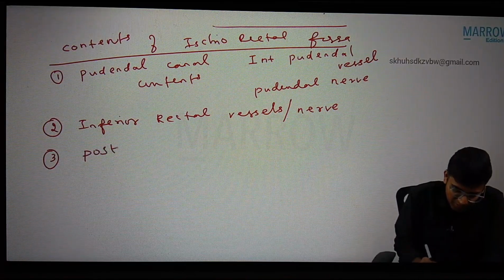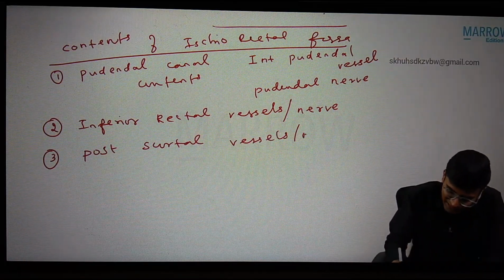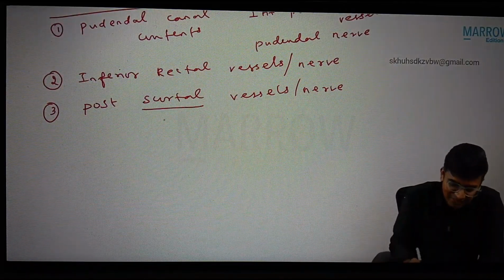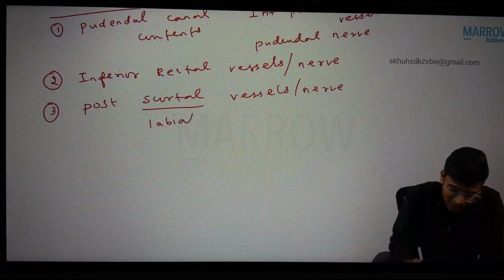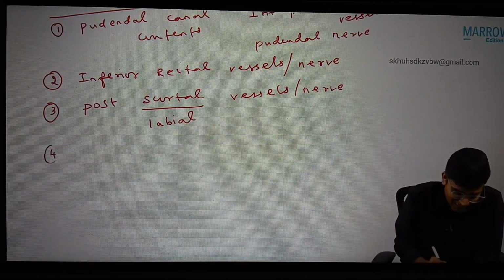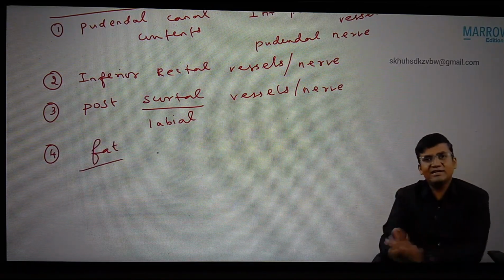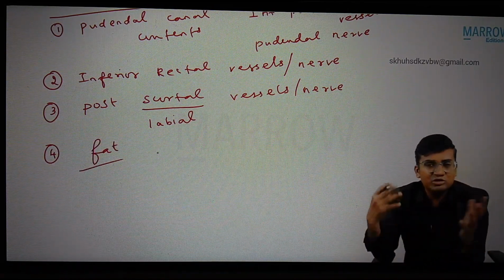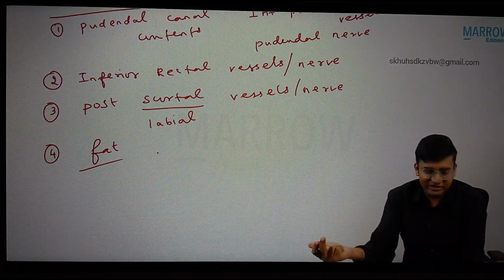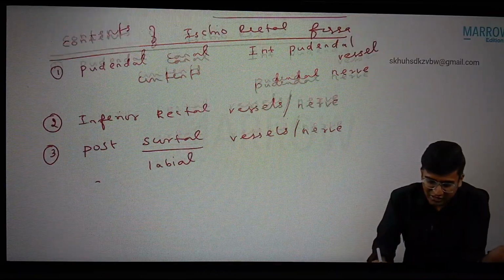Number three, posterior scrotal vessels and nerve. The counterpart in females is the labia majora, so in females, posterior labial vessels and nerve. One last content is fat. An abundant amount of fat is present. Why so much fat here? Because that allows the expansion of the anal canal during defecation. These are the contents to remember for the ischiorectal fossa.